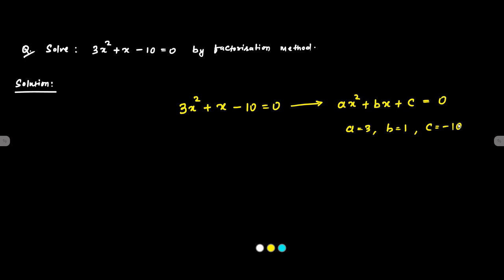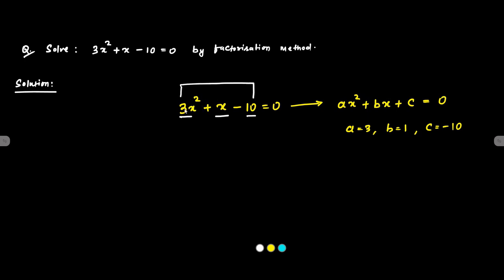The factorization method is basically splitting the middle term. We have to split this middle term, that is b, in such a way that the product of those two split values is equal to the product of a and c.